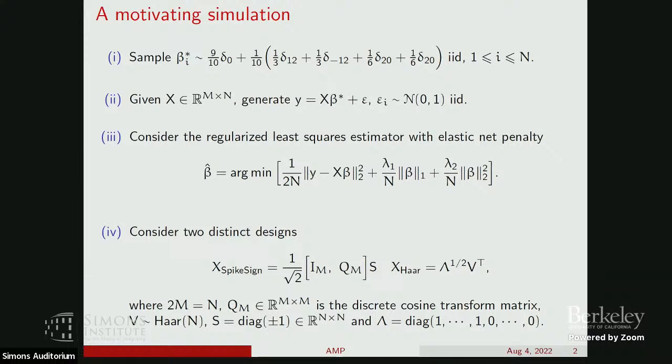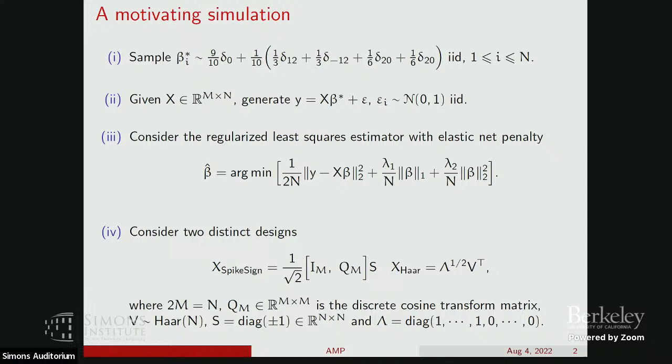The spike and sign ensemble has only about n bits of randomness coming from these random signs. Whereas the Haar ensemble I like to think of as having order n squared bits of randomness, simply because you can realize a Haar matrix by constructing a matrix of IID Gaussians and then doing Gram-Schmidt on that.